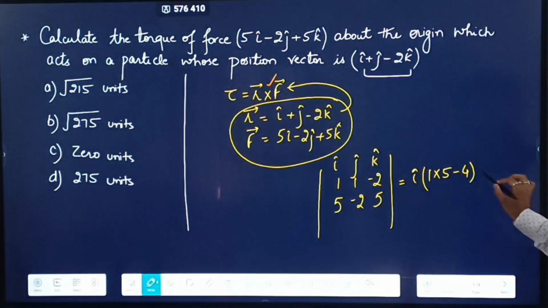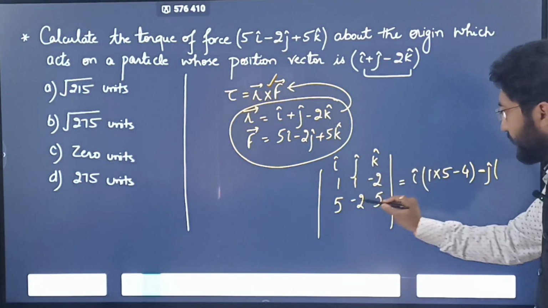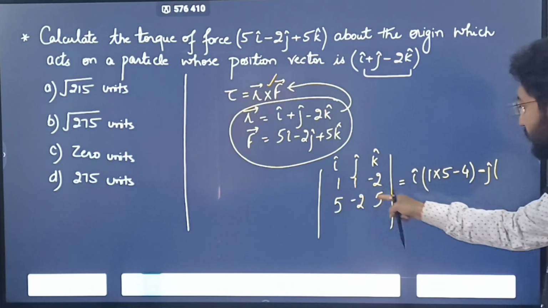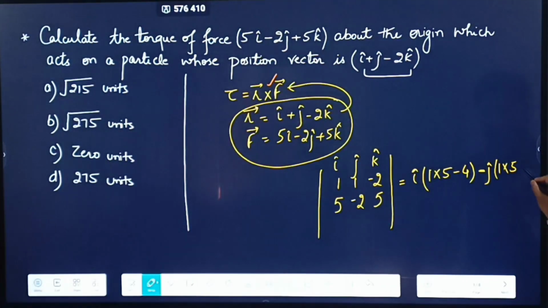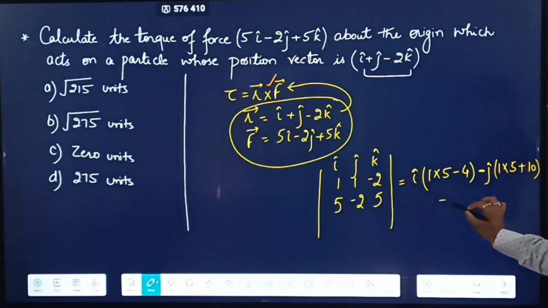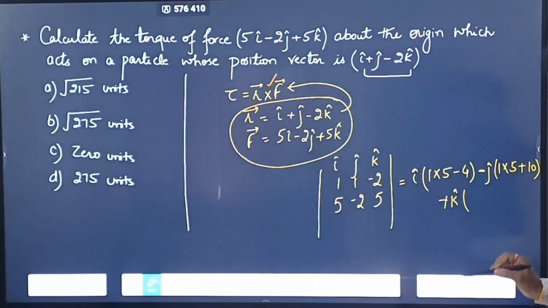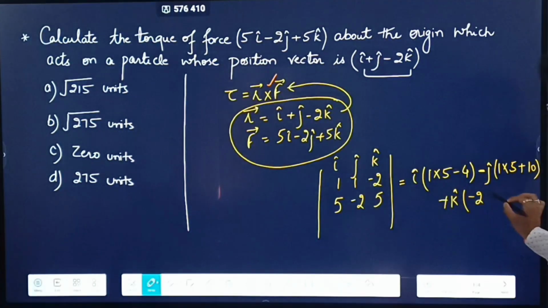Now plus minus j cap, by covering the horizontal and vertical for the j cap, it becomes 1 into 5 minus minus 2 into 5, which is plus 10. Plus k cap, by covering the k section, minus 2 minus 5.